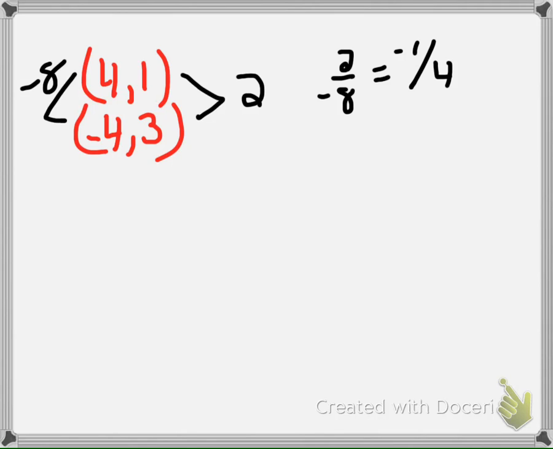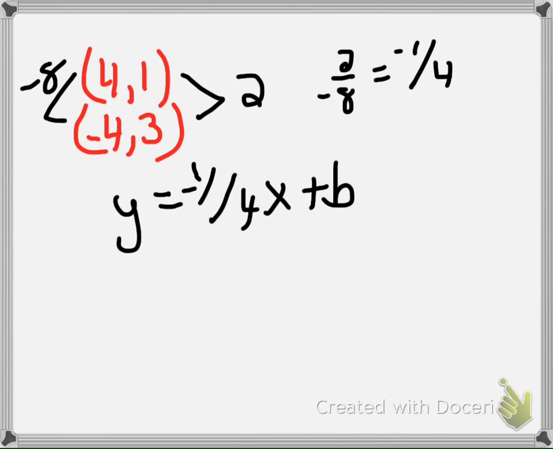y equals -1/4 x plus b. We're going to want to substitute in a y. I'll put the 1. I like 1s. And an x. I have to put the 3. Plus b.